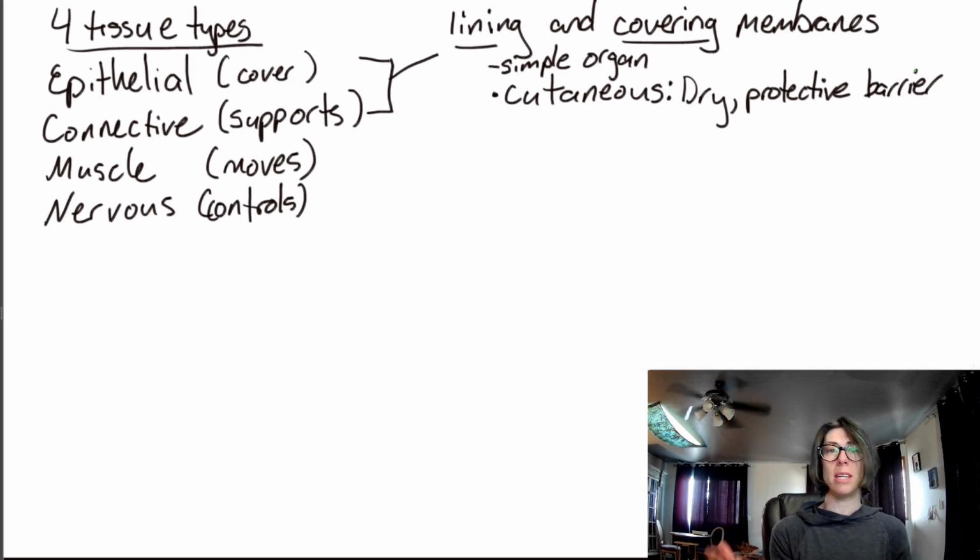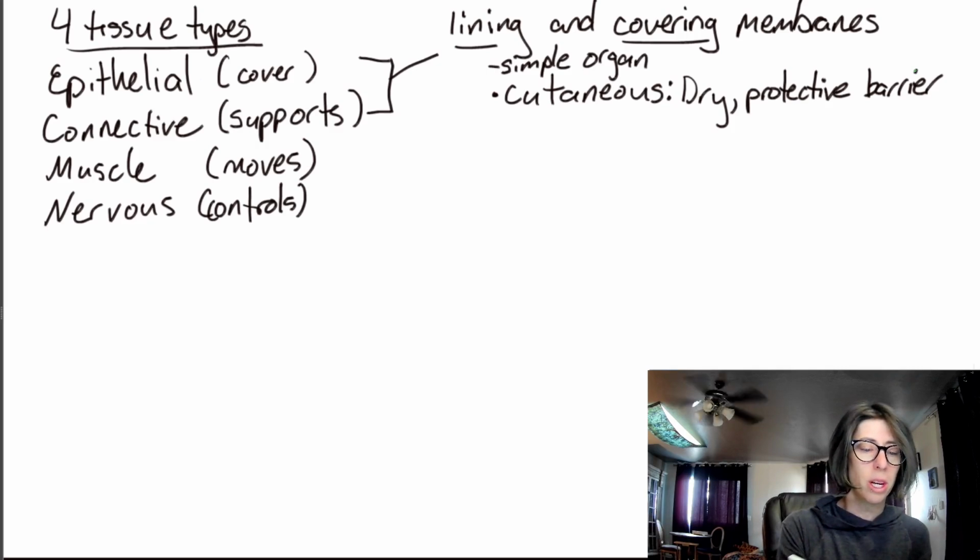It excretes antimicrobial compounds. It sweats to keep you cool, right? So that's why I said the covering component is a little bit of an oversimplification. Your skin also has an important role in cooling you off. So the cutaneous membrane is your skin. That's the main example here, the only example.